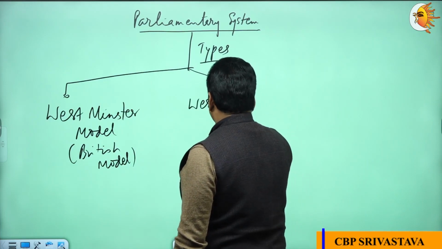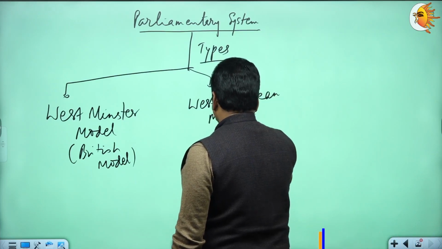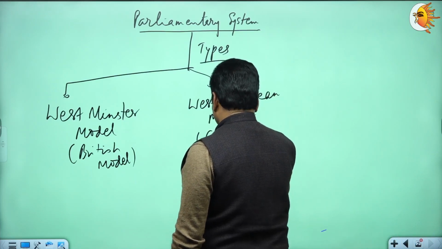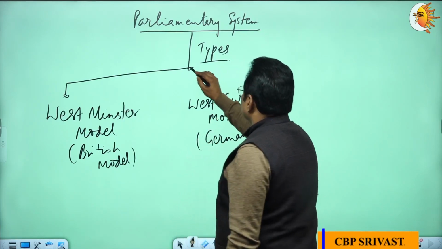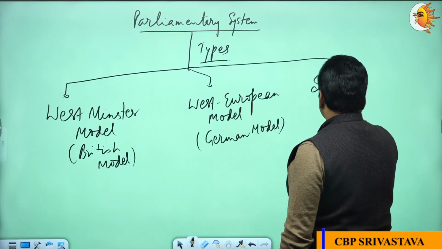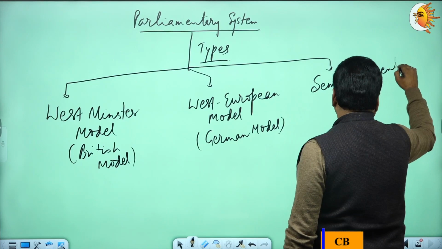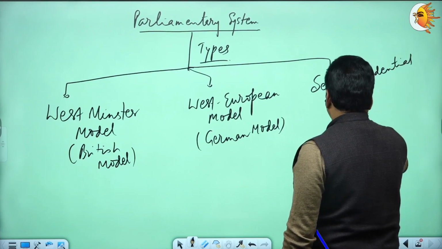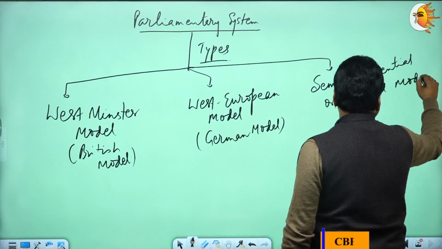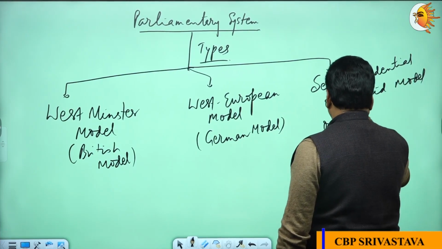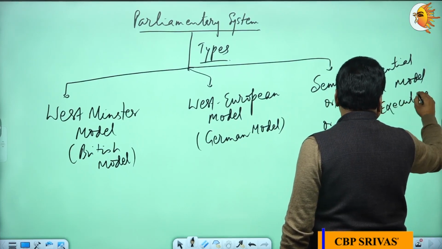Second is West European model or German model. The third is semi-presidential or hybrid model. Or dual executive model.